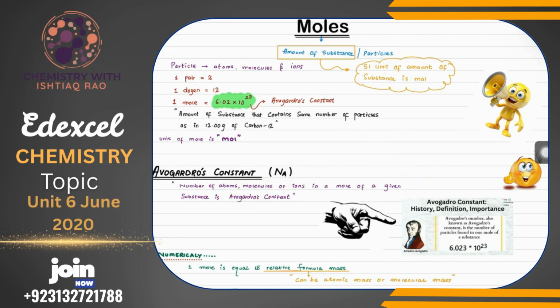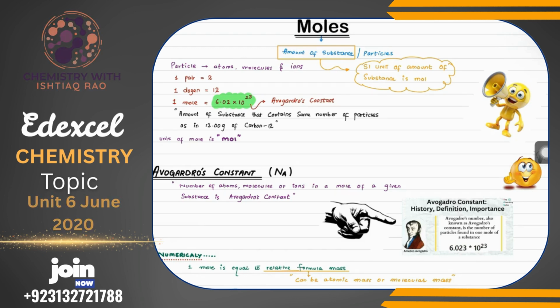The given substance may be lithium, calcium, chromium, gold, bromine, or fluorine. So in simple words, if I ask what Avogadro's constant is, you are supposed to write 6.02 multiplied by 10 to the power 23 atoms, molecules or ions. That's it.